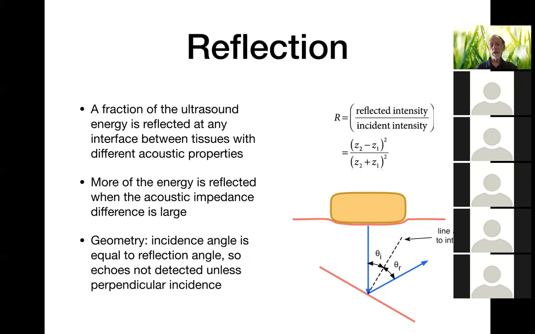In fact, the only time that echoes from surfaces like this will be detected is when the tissue interface is at right angles to the beam. And we call this perpendicular incidence. So perpendicular incidence, the echo will return to the probe and we'll see it in the image. With other angles, not perpendicular, the echo goes off somewhere else and is lost to us.